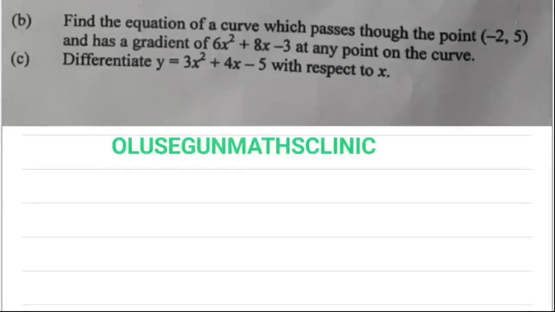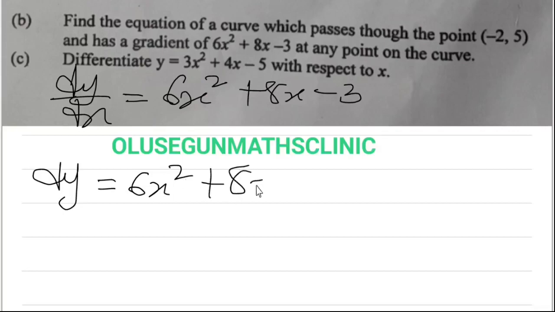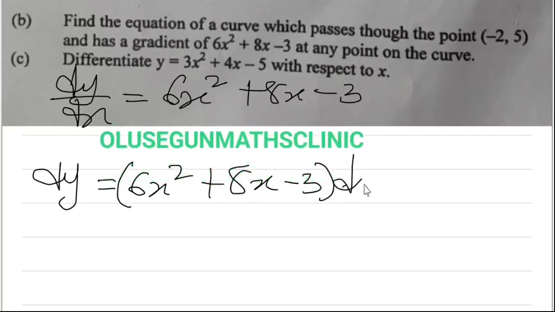So this is question 8B and C. Find the equation of a curve which passes through the point -2, 5 and has a gradient of 6x squared plus 8x minus 3 at any point on the curve. It has been given that the gradient, that is dy/dx, is equal to 6x squared plus 8x minus 3. So dy is equal to 6x squared plus 8x minus 3 dx.